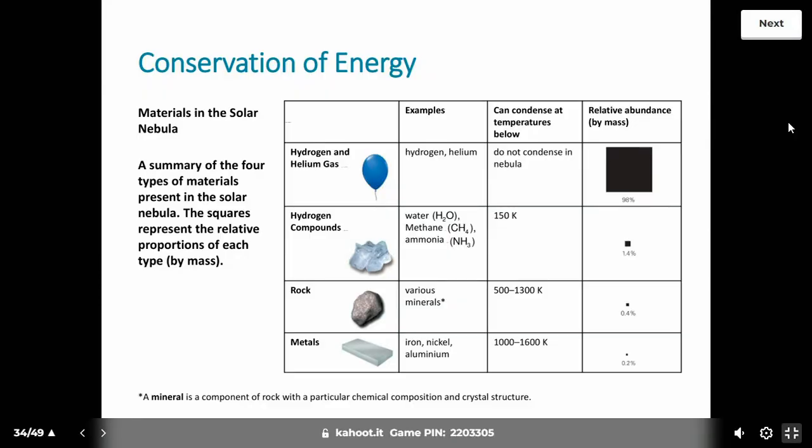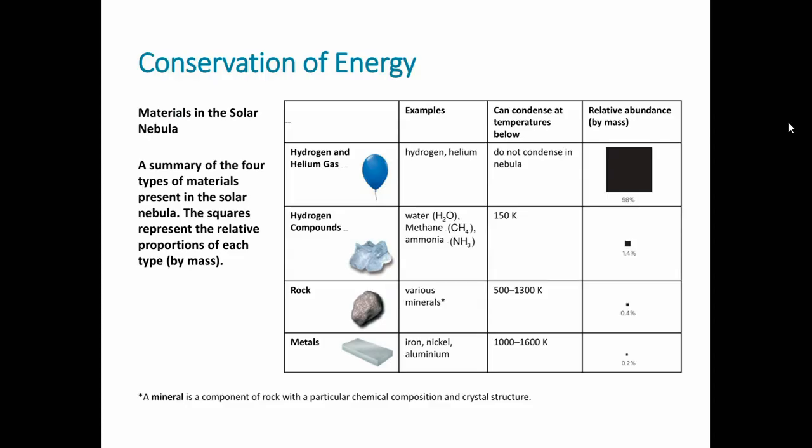So the different materials that would have been around during the formation of the solar system: gases, hydrogen and helium, are never going to condense, but that's what most of the gas in the universe is, hydrogen and then a bit of helium. So that's 98% of the material available. Then you can have hydrogen compounds in the form of water, methane, and ammonia.